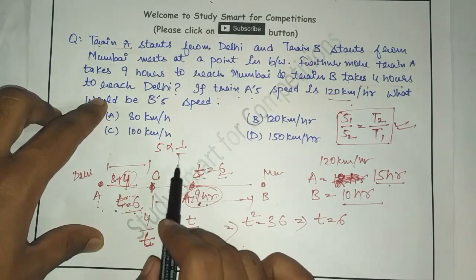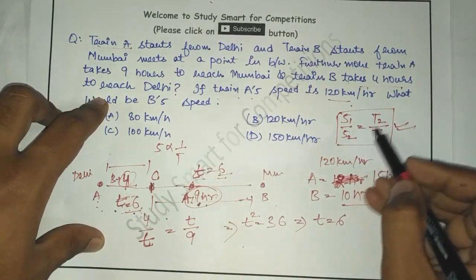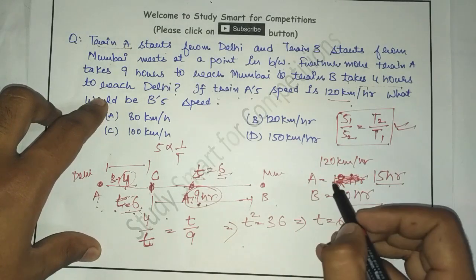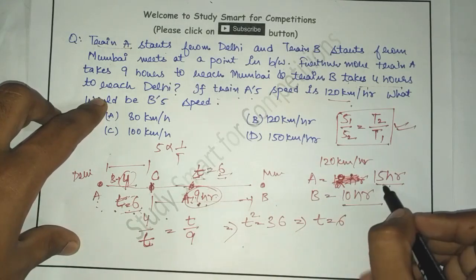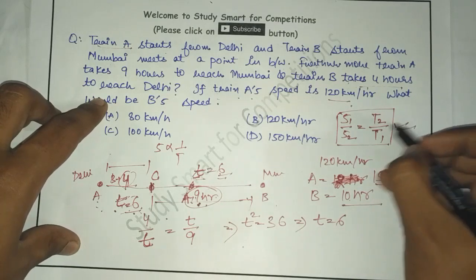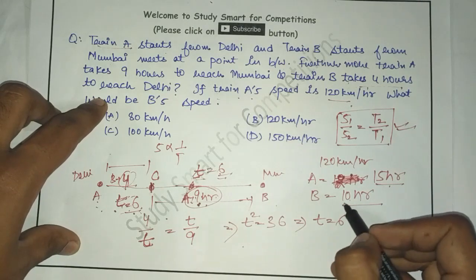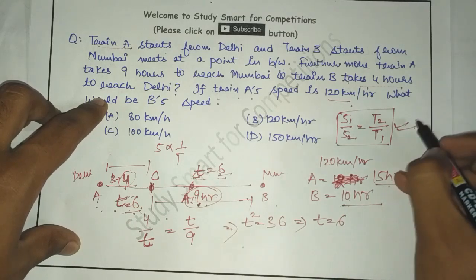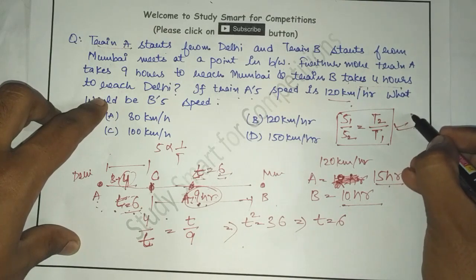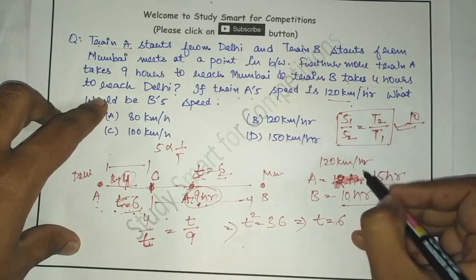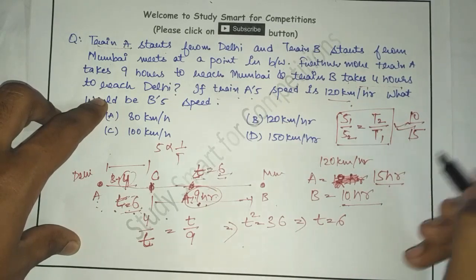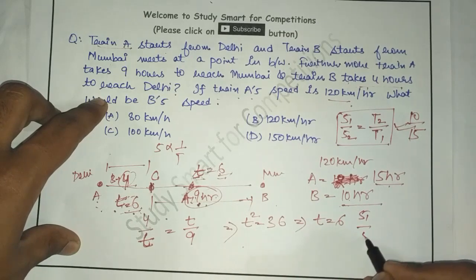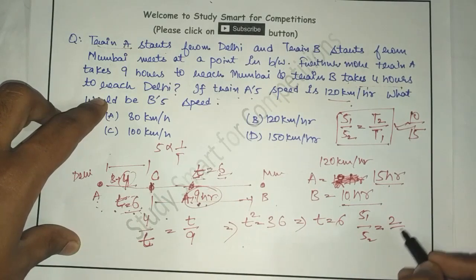Now you know that your times are 15 and 10 hours. So T2 over T1, T2 I will take for B, comes out to be 10 over 15. That comes out to be 2 by 3. So S1 over S2 comes out to be 2 over 3.